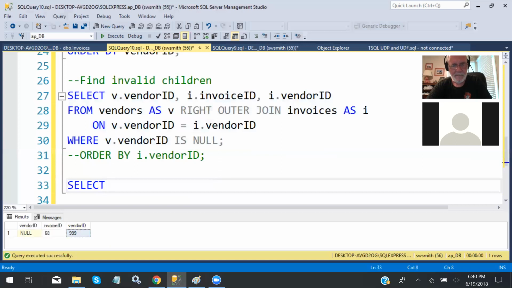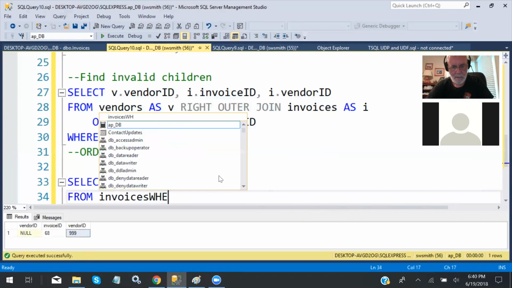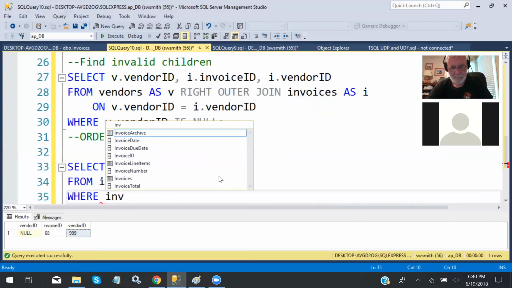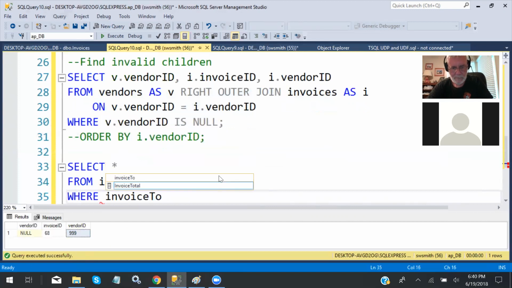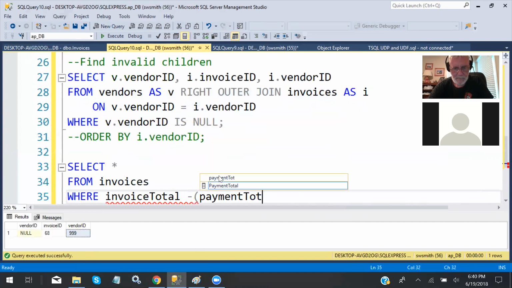Select, we'll just say invoice total minus payment total minus credit total. I think you're probably right.